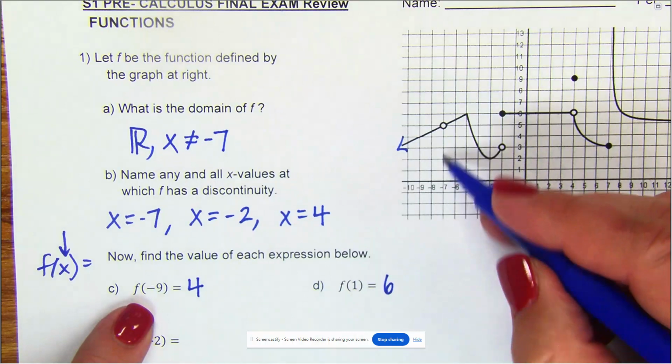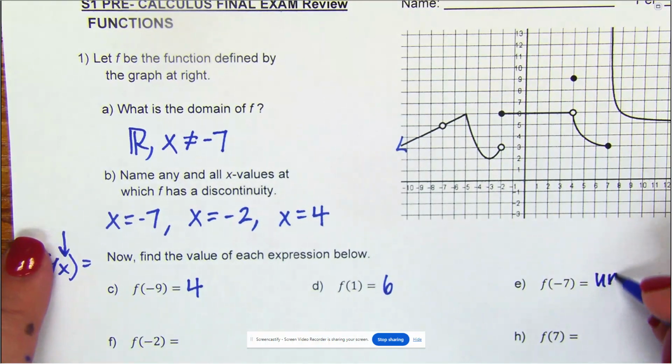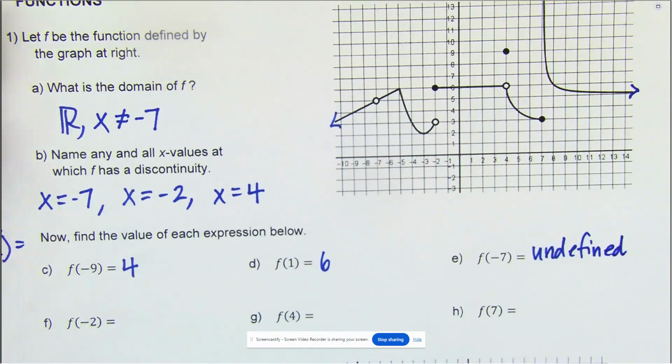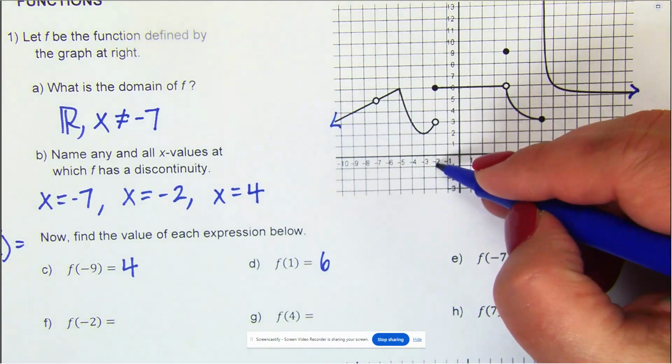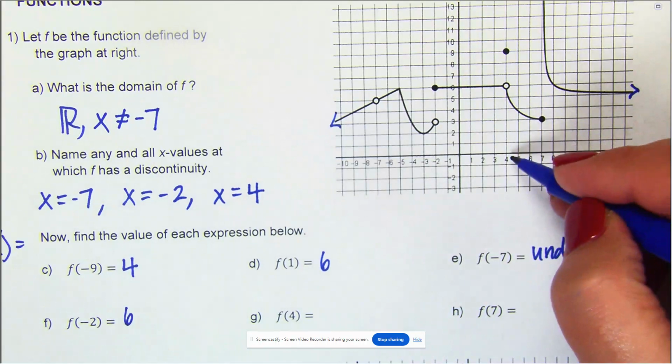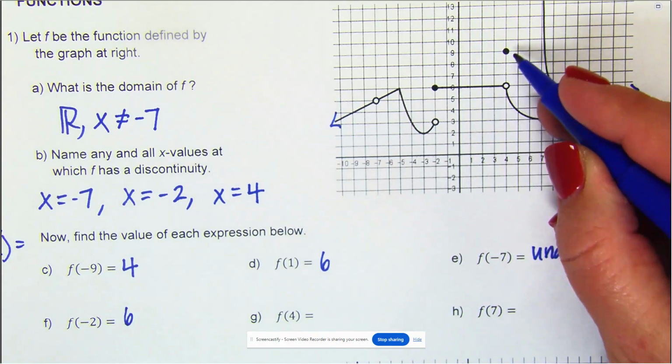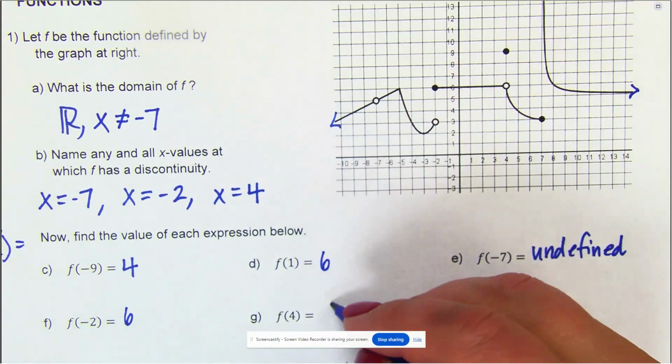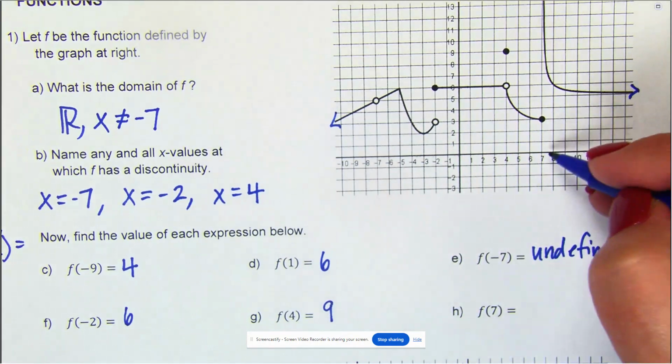Negative 7, there's a hole there, so that's undefined. There is no output. Negative 2, open dot. 4, doesn't exist there, but it does there, so 9. And then 7, 3.